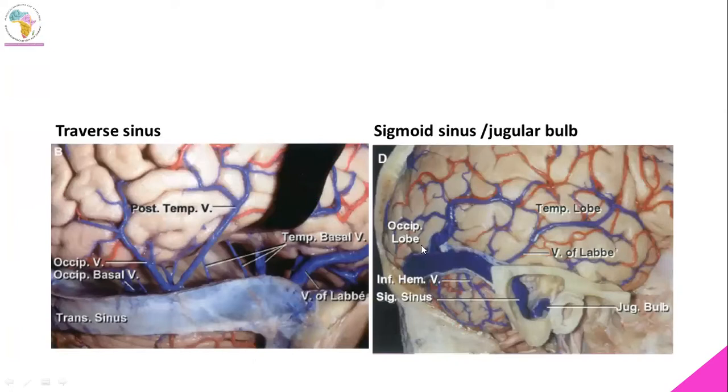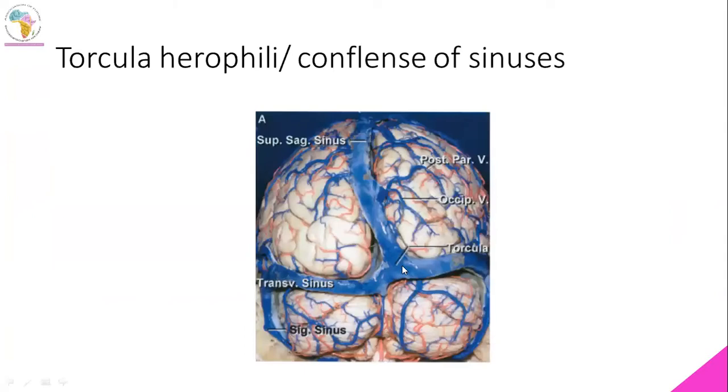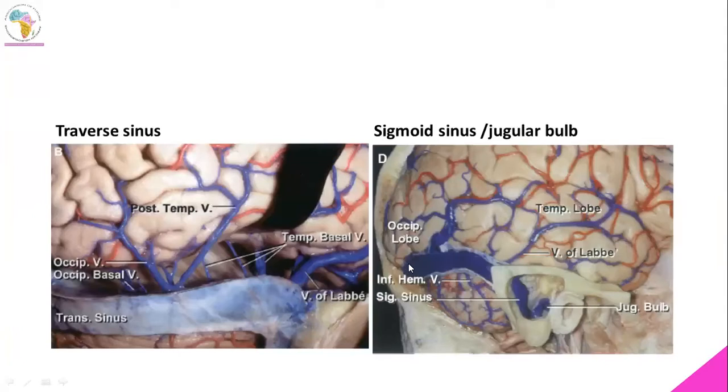This is a lateral view where we can find the torcular Herophili. If we follow the transverse sinus, it runs along the lateral attachment of the tentorium, and it also receives some of the cortical veins that drain the inferior part of the lateral surface of the brain, and also some venous drainage from the base of the brain, before it reaches a point here.